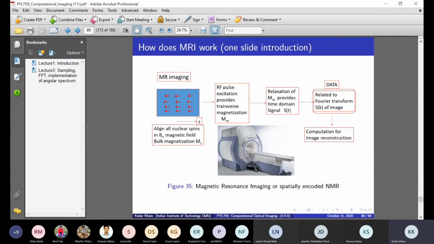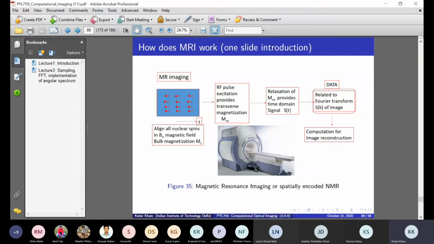This magnetic moment in the XY direction will slowly relax, and it will again align to the magnetic field. While this is relaxing, there is a time signal that is picked up by other RF coils, and this time domain signal is related to the spatial frequency in the image.